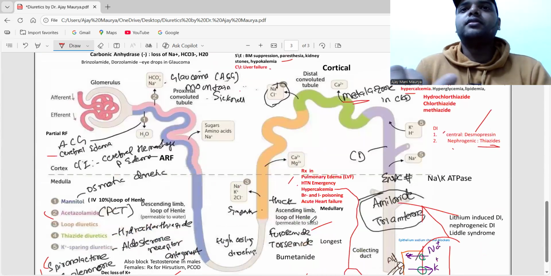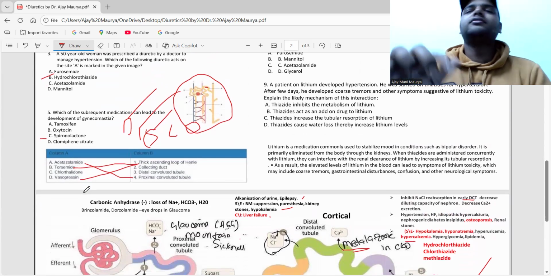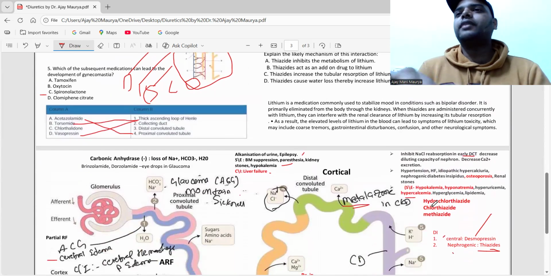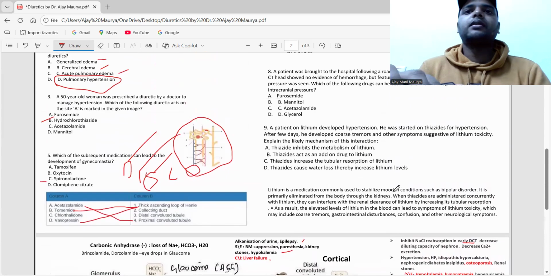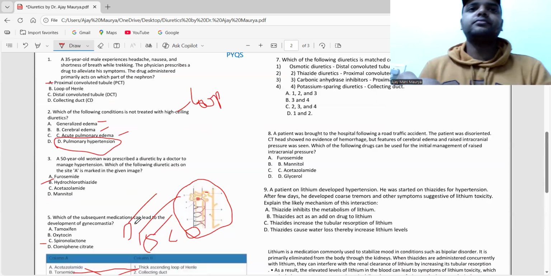Where? Thick ascending limb. Next, vasopressin, ADH. Where? Collecting duct. Next, chlorothiazide, where does it act? Distal convoluted tubule, DCT. Done.